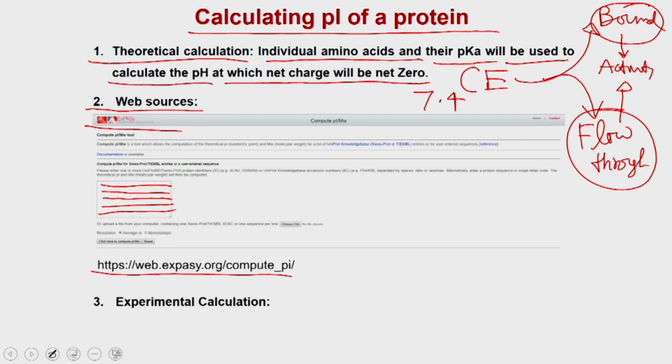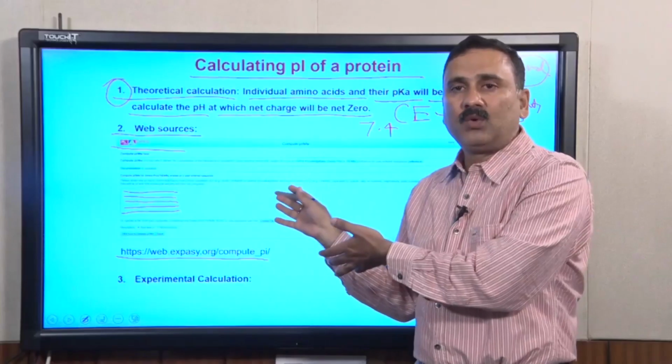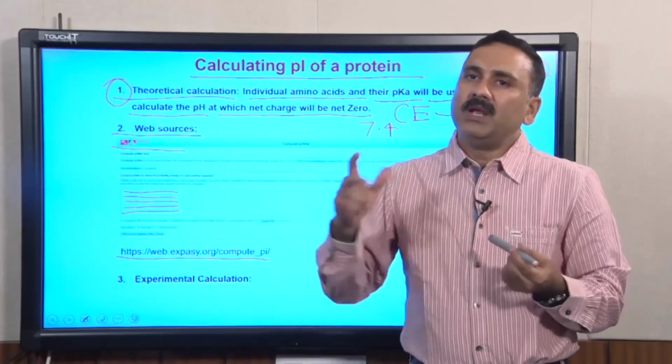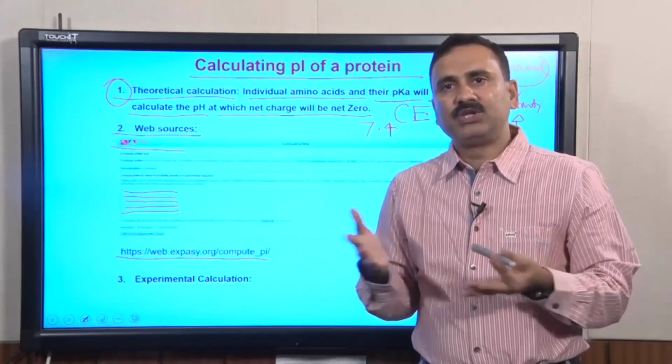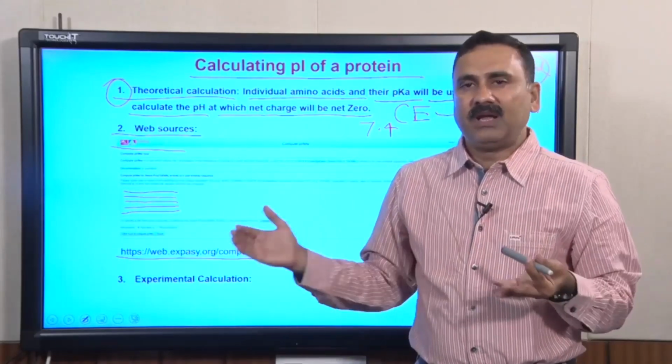As soon as you click this button, it gives you the pI value. The ExPASy web source is doing the same thing: it takes the pK values of the individual amino acids in the sequence you have put, makes the average, and calculates the pI value.